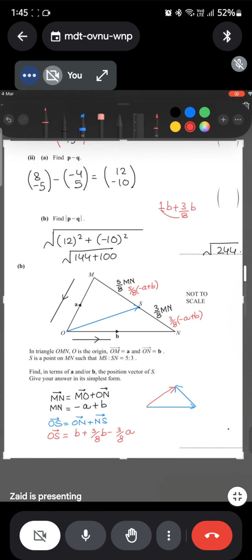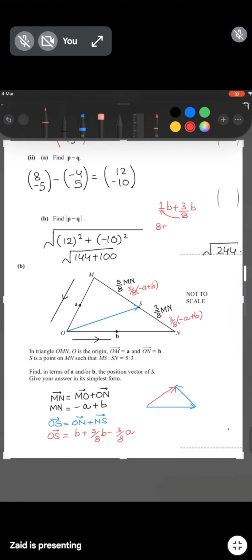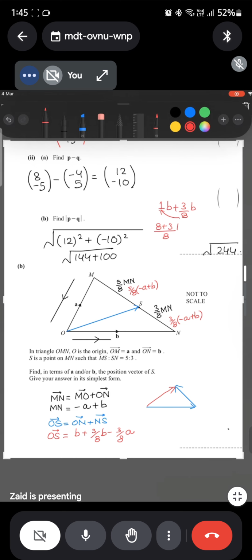So you cross multiply, 8 ones are 8 plus 3, whole divided by 8, over B. So my dear students, it is 11B over 8 minus 3 over 8 A. I can just take 1 upon 8 common, or I can leave it like this as well. So 1 upon 8 of 11B minus 3A is going to be the final answer. I hope it's clear.